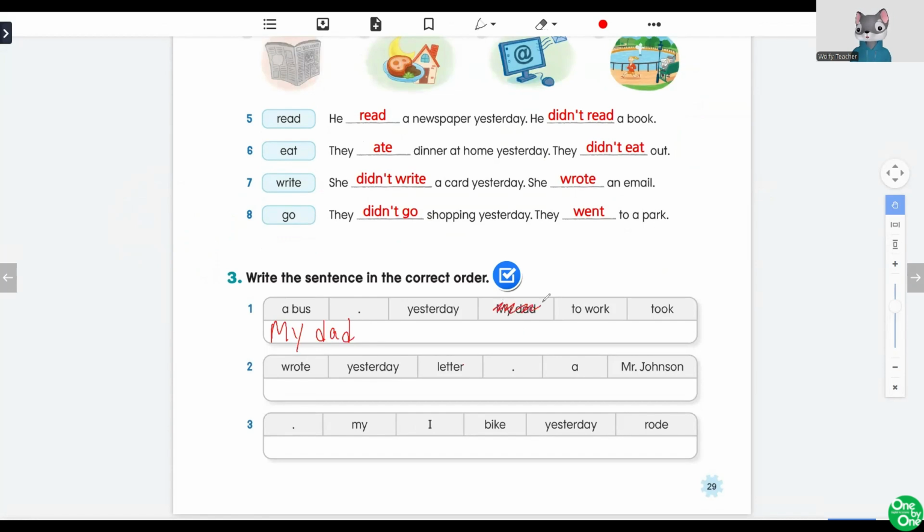And what did he do? Because we have yesterday, do we have to use took or something else? Of course, we need to use took at the second place. 두 번째 자리는 항상 we always need the verb. My dad took. What did he take? 뭐를 탔어? My dad took a bus.